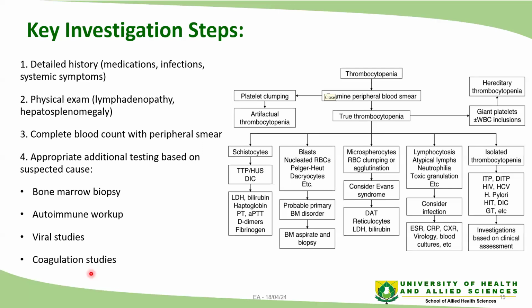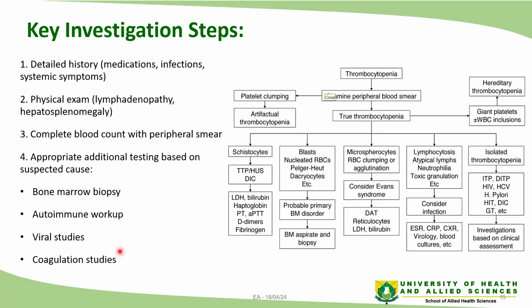Earlier on, we had mentioned HIV and hepatitis C. And then, of course, carrying out coagulation studies, particularly measuring the levels of D-dimer, which tells you how much clotting has actually taken place. It will let you have an idea what could be informing the low platelet count.